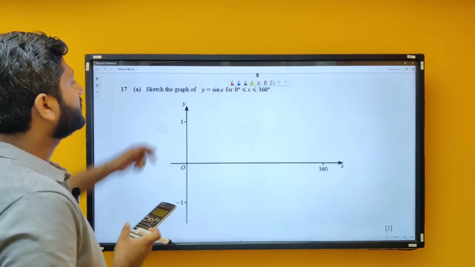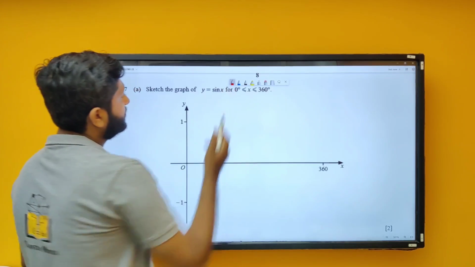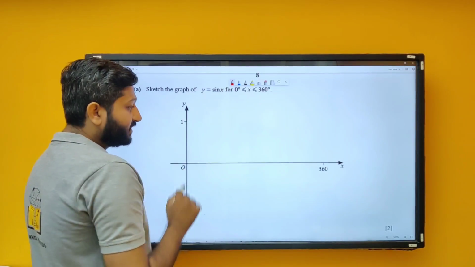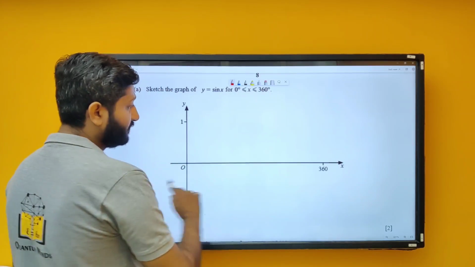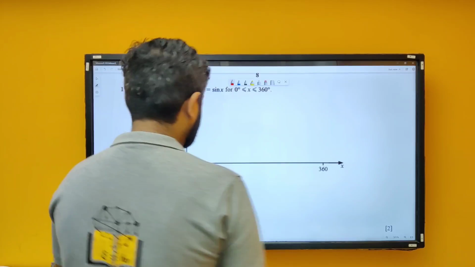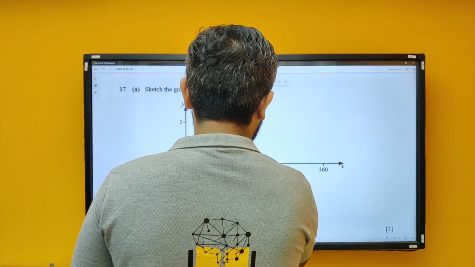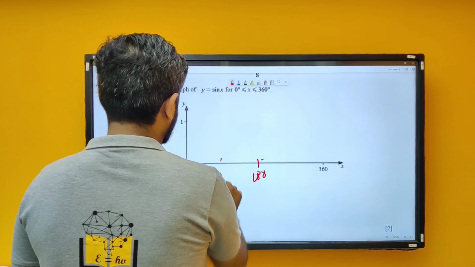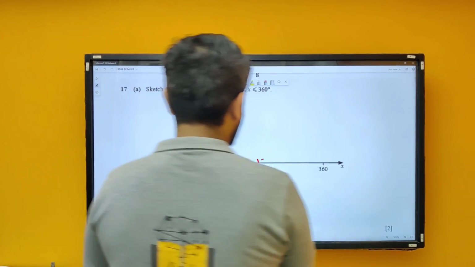Sketch the graph of y equals sin x. So let me take different values. Let's say I have 0. This is 360. Midway of 360, I don't have a scale, but let me take an approximation. So midway is this. I think this is 180. This is 90 degrees.